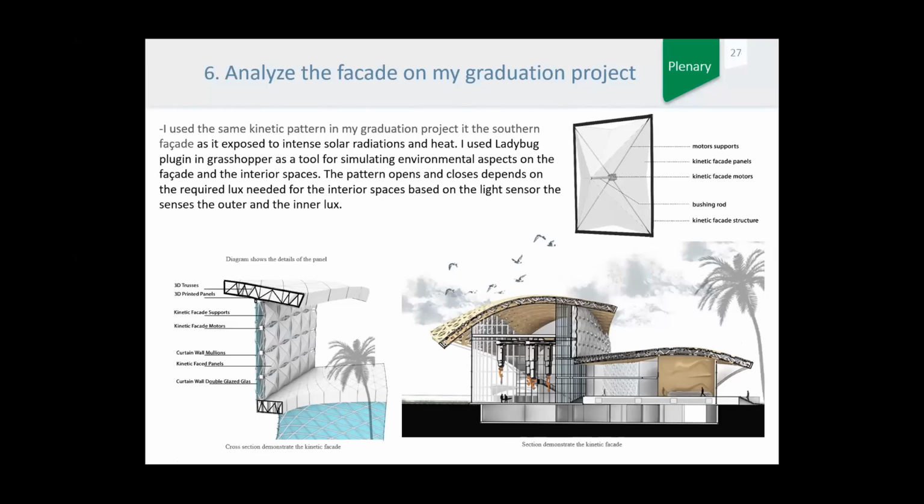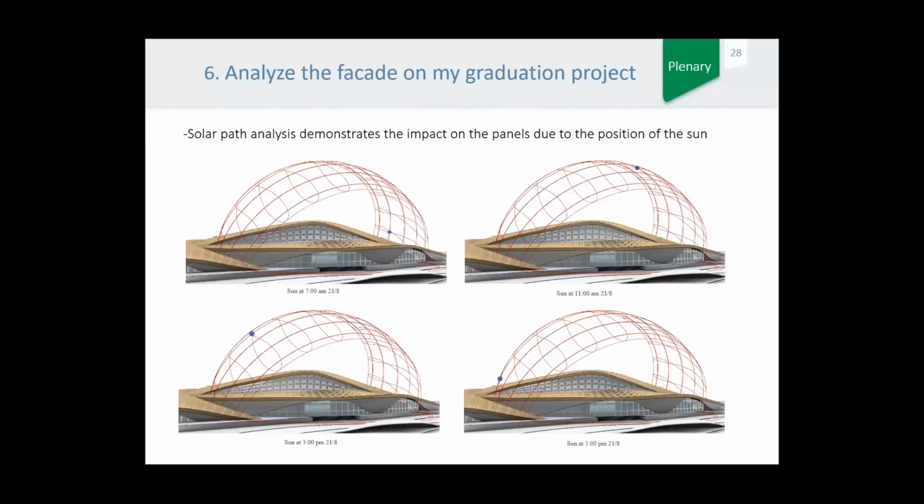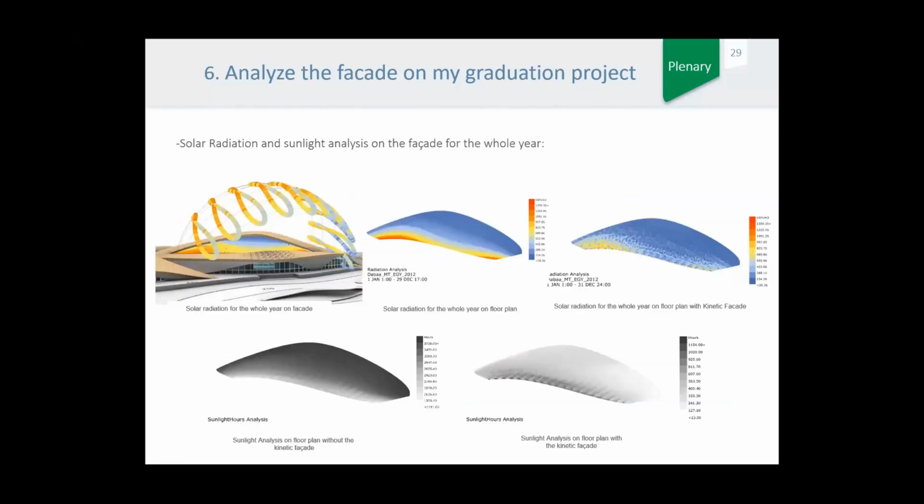And then I analyzed the facade based on the solar path, and saw the effects of the panels based on where the sun is going, or the intensity of light of the interior, the lux needed for the interior spaces.